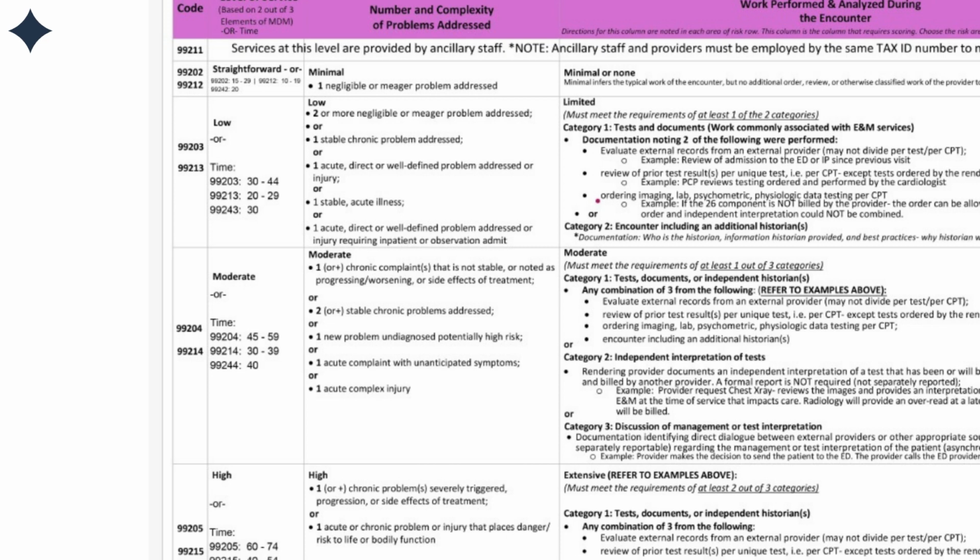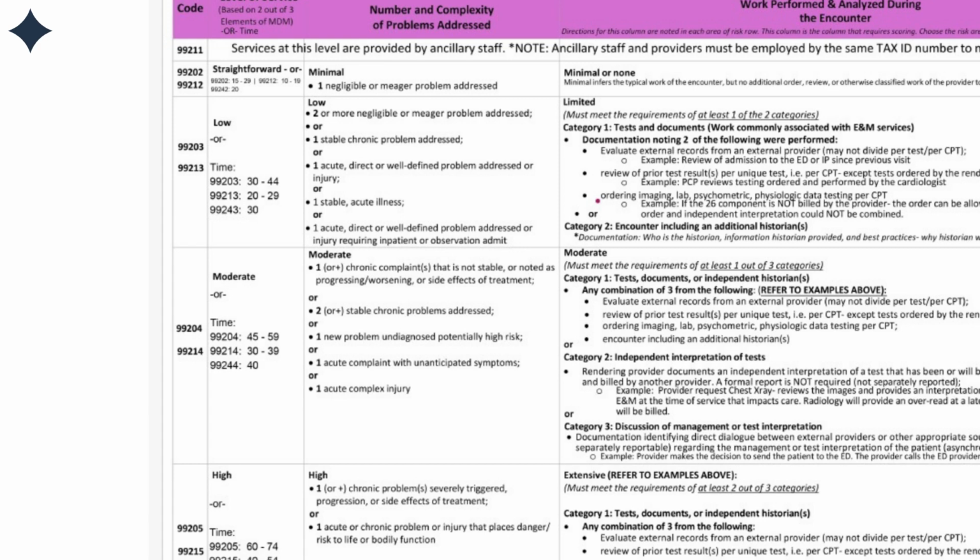Now look at the term acute complicated injury: an injury which requires treatment that includes evaluation of body systems that are not directly part of the injured organ. The injury is extensive or the treatment options are multiple and associated with risk of morbidity.